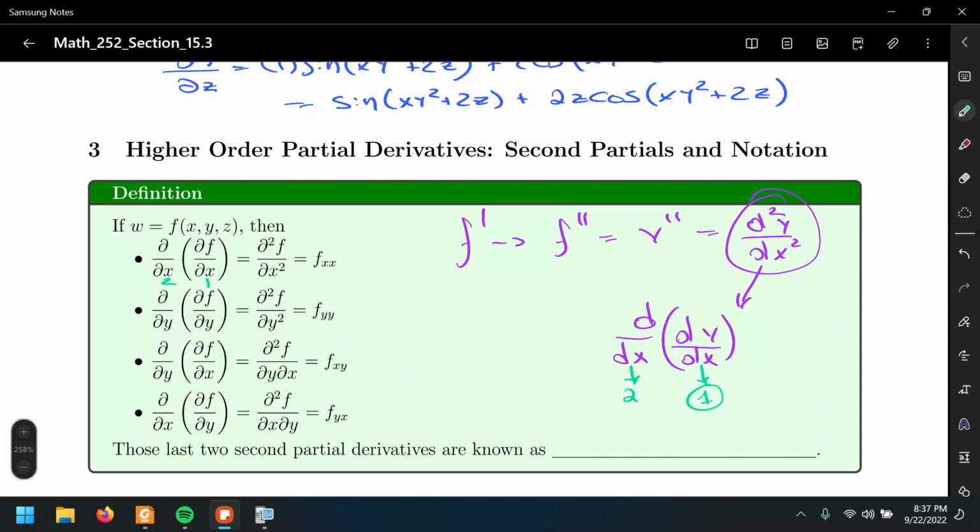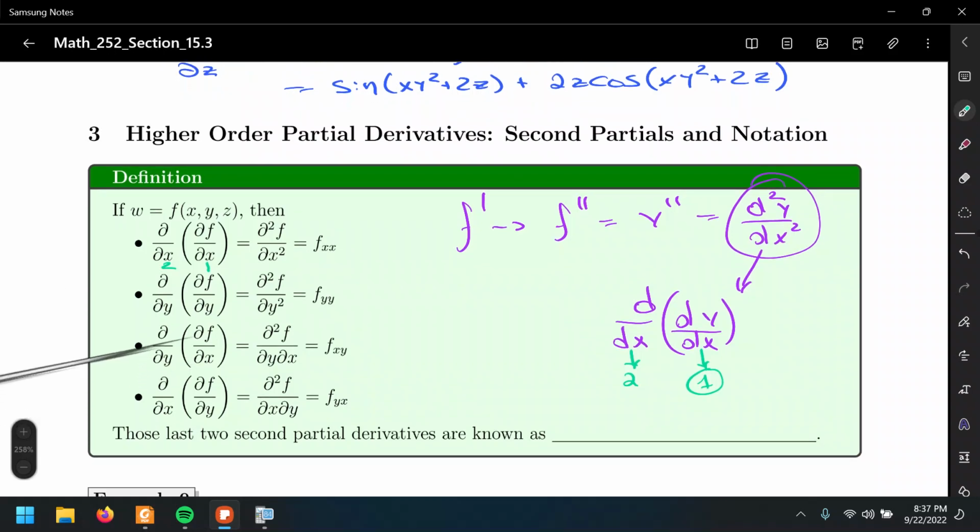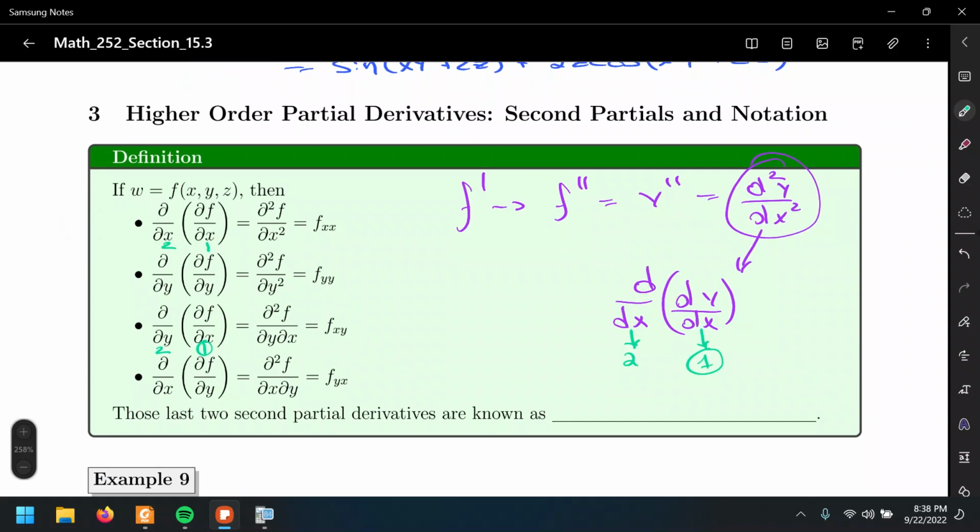Let's do the example in x and y. We do the derivative with respect to x, that's number 1, and then number 2 the derivative with respect to y. Using the f notation, the subscript notation, if we use the f notation, the order of differentiation is from left to right. If we use the Leibniz notation, we go from right to left.